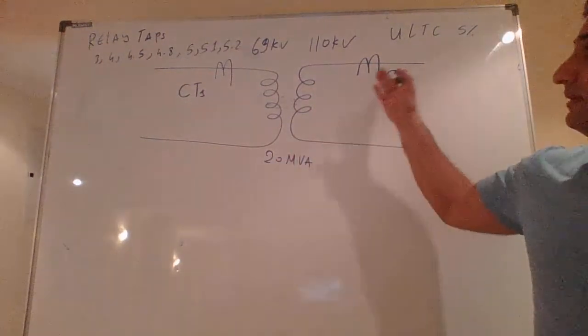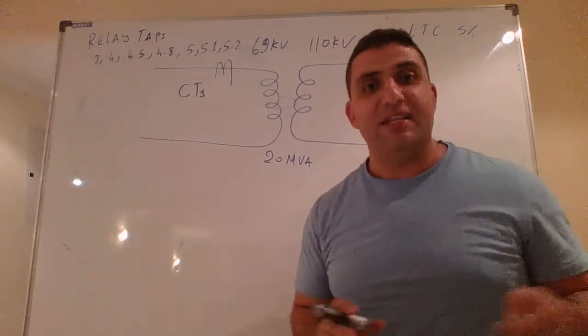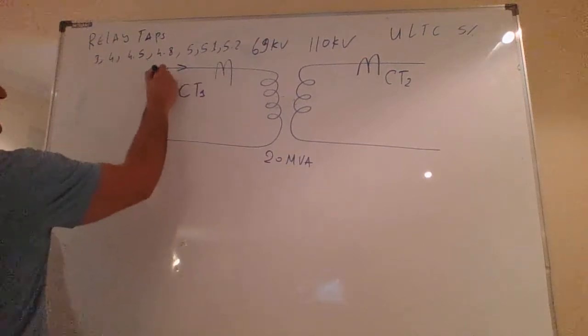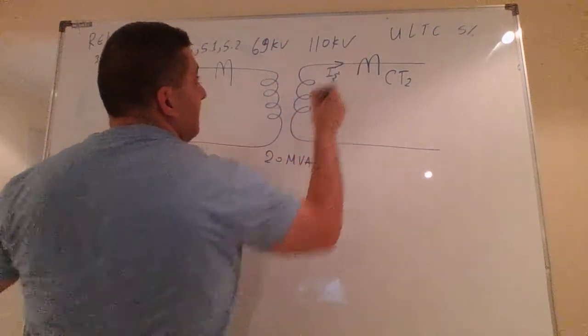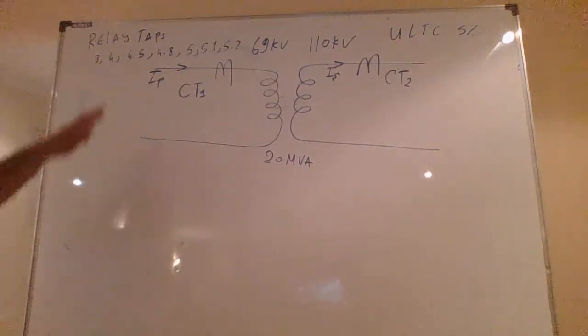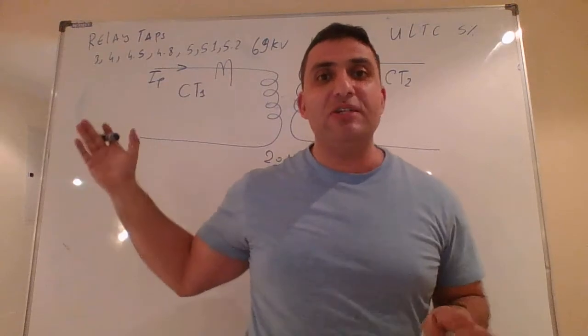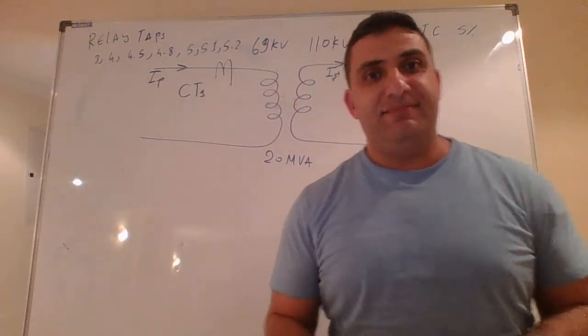Let's see how I can determine the specifications of these CTs. I need to determine the primary current and the secondary current, based on the actual transformer rated system.